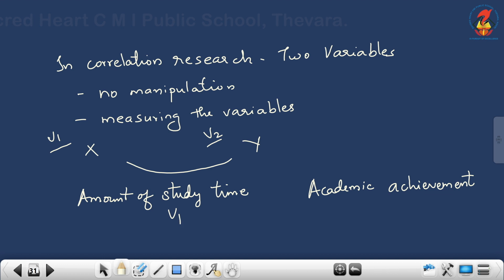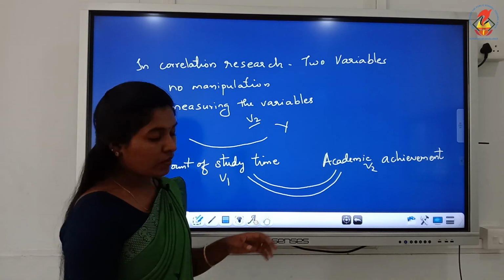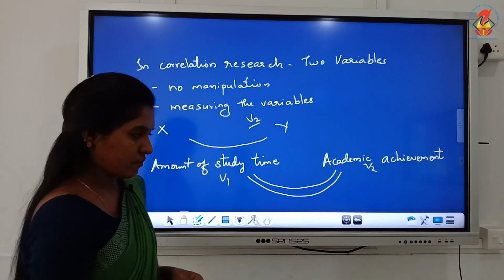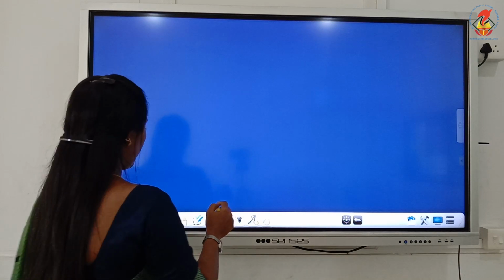These are the two variables, variable 1 and variable 2. Then in the correlational method we can study if there is any relation between them. So, are they correlated or not? Let us see.